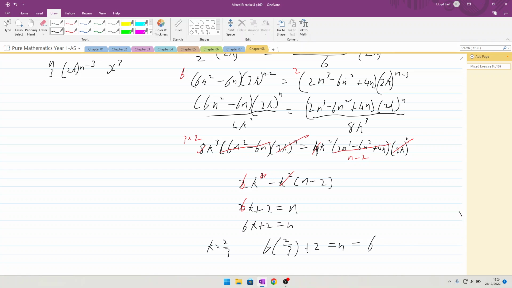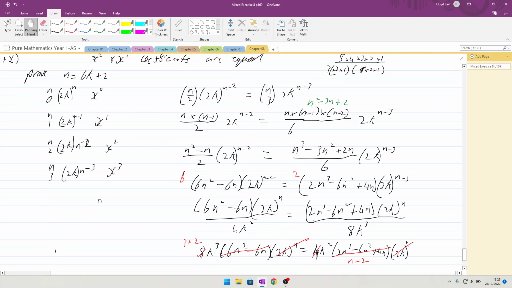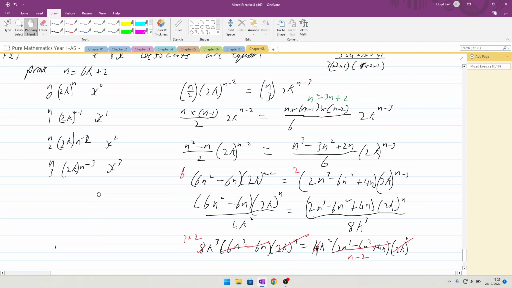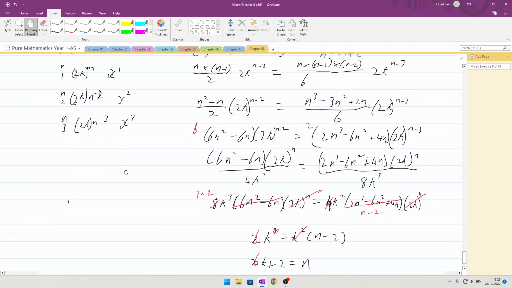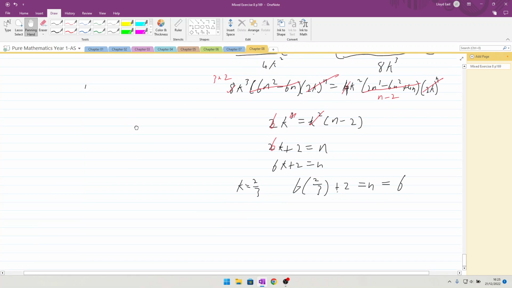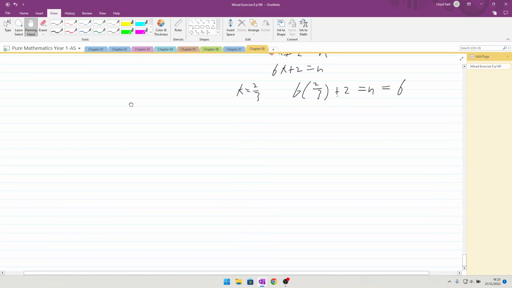So part B, given that k is this, in ascending powers of x up to and including x cubed, give each coefficient as an exact fraction in its simplest form. Okay, so they want us to basically do this for the whole thing. So k is 2/3, so let's have a little look at it. We could use the answer from above, but I think it might just be easier to put it together and have a look at it.